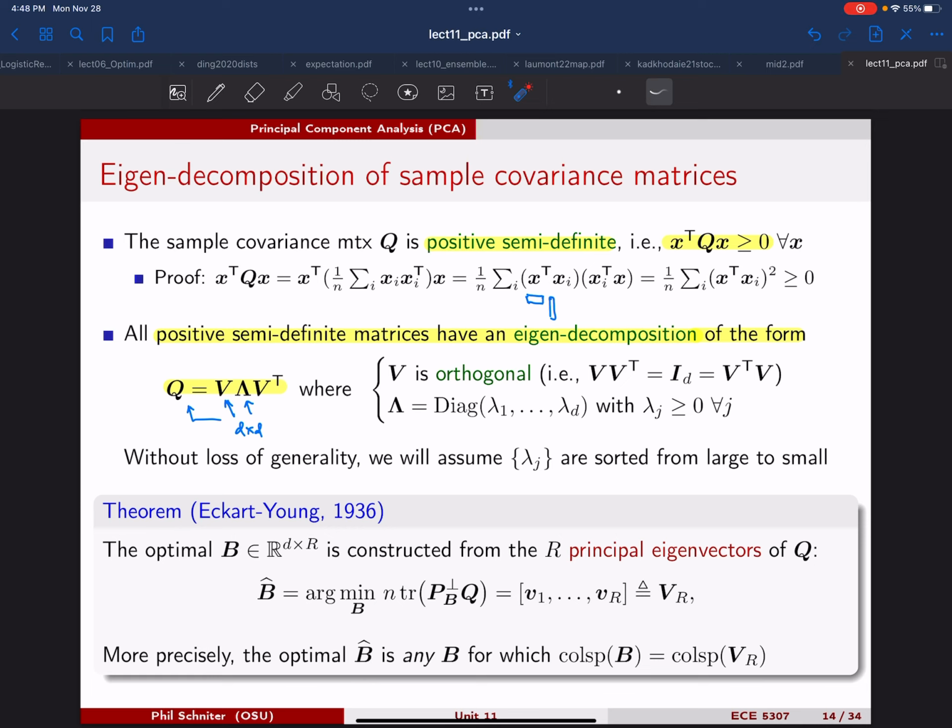This is a theorem from a long time ago, but basically it says, this is sort of what we're trying to show.